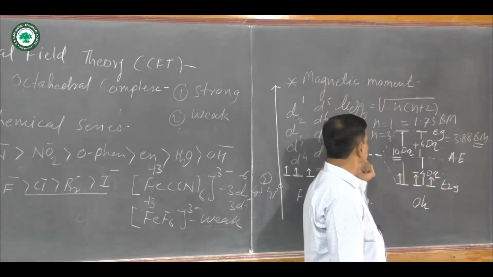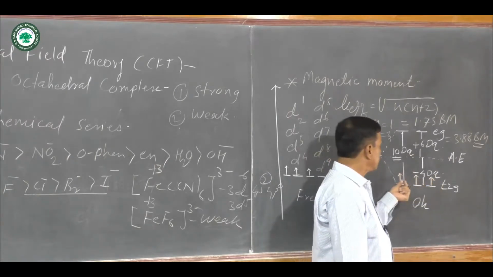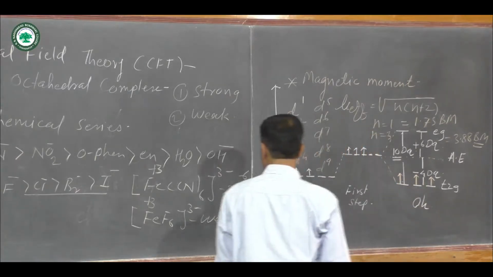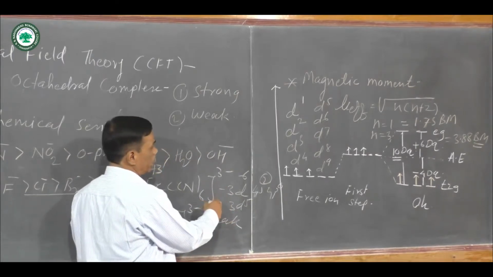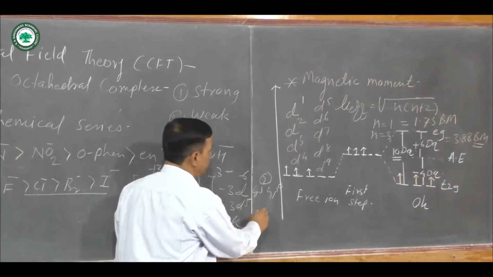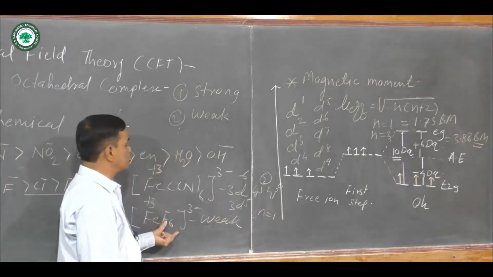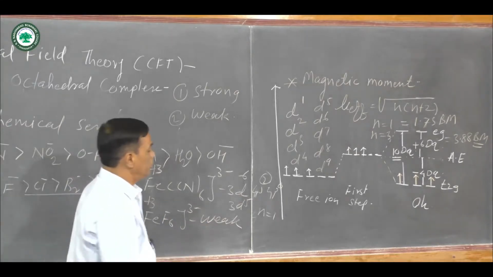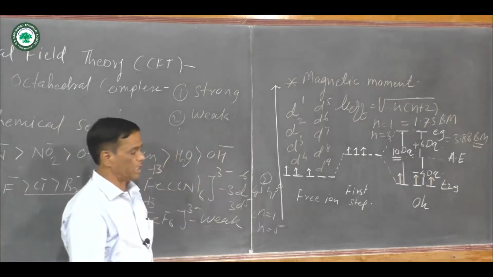And for strong field, 1, 2, 3, 4, here pairing starts. The 4th electron goes here, the 5th electron goes here. Means in the strong field complex, there is only one unpaired electron and n is equal to 1. And in this [FeF6]3- weak field complex, n is equal to 5 because 5 unpaired electrons are there.